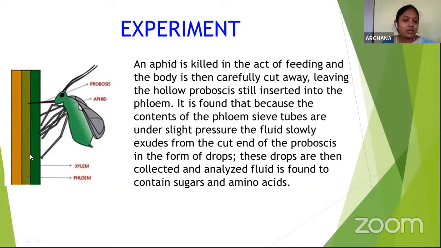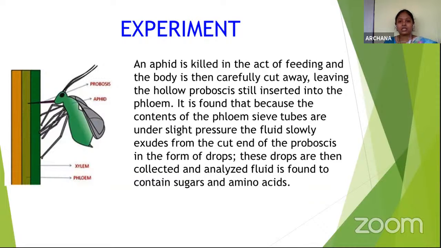The first layer is xylem and next to xylem is phloem, and here you can see this proboscis. In the experiment, an aphid is killed in the act of feeding and the body is then carefully cut away, leaving the hollow proboscis still inserted into the phloem.